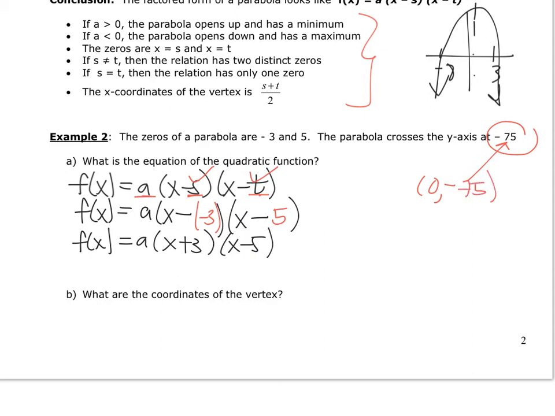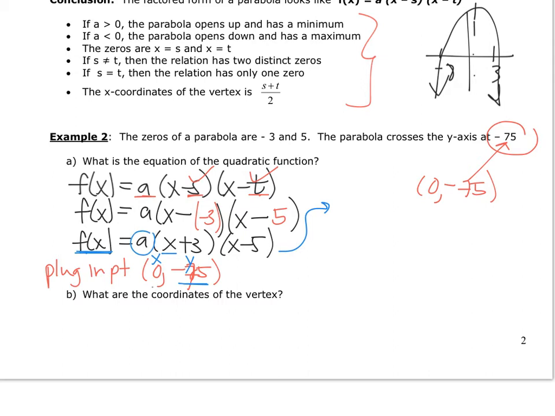So we are going to plug in the point 0, negative 75 for x and y, or in our case, x and f of x. I'm going to rewrite this, and instead of f of x or y, I'm going to put negative 75, and instead of x, I'm going to put 0, and then we're going to solve for a.